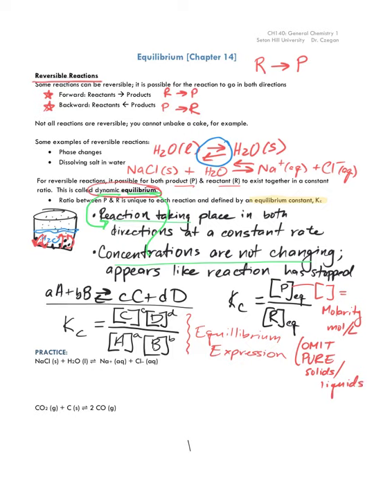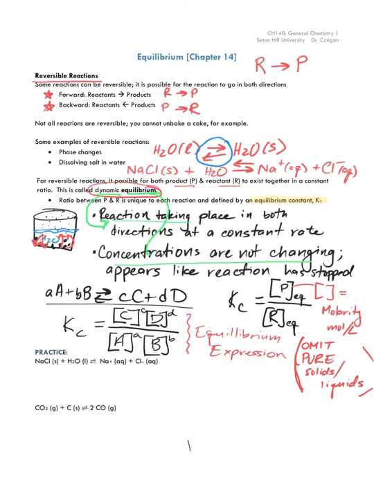So pure solids and pure liquids, their concentrations don't change because the ratio between their quantity and their volume is fixed. The concentration of gases can change, the concentrations of solutions can change, but the concentrations of pure liquids and pure solids don't change, so we omit those.